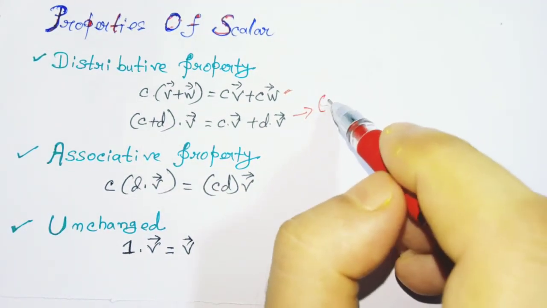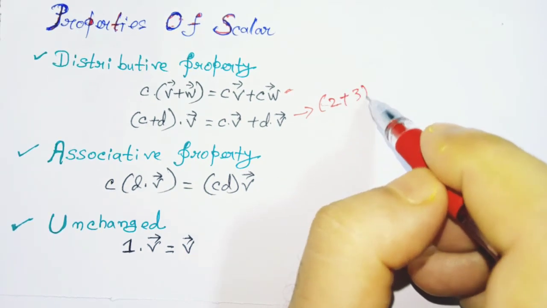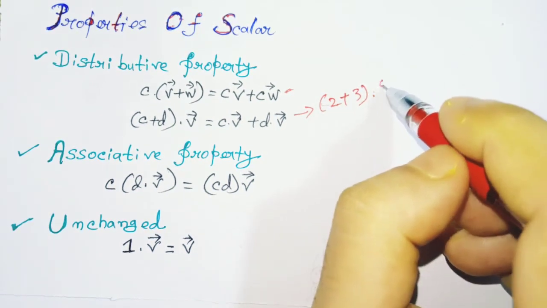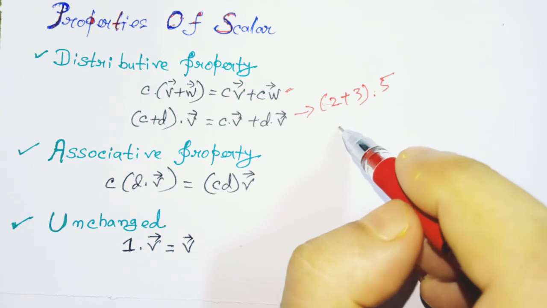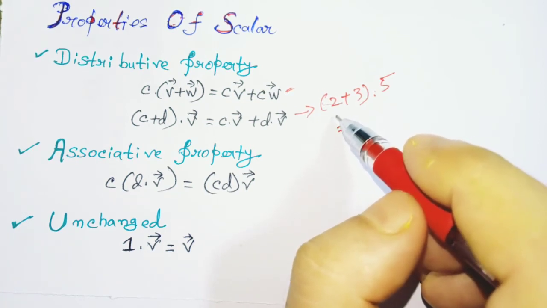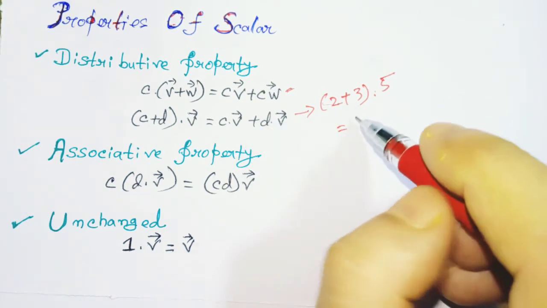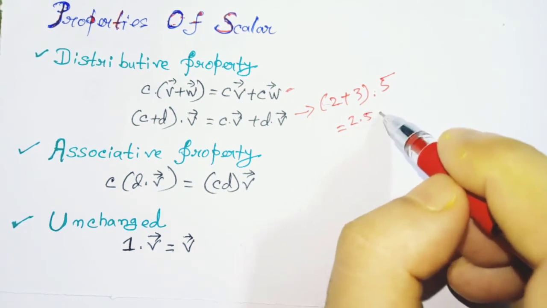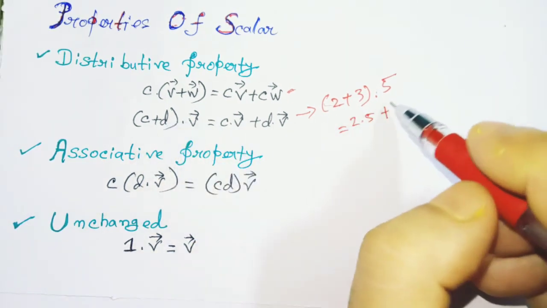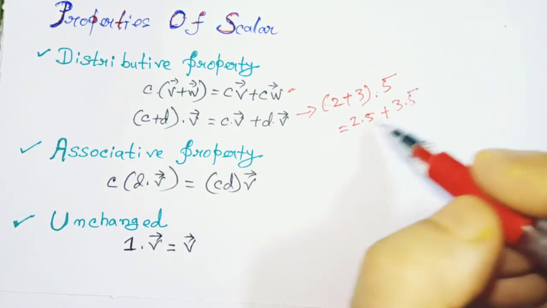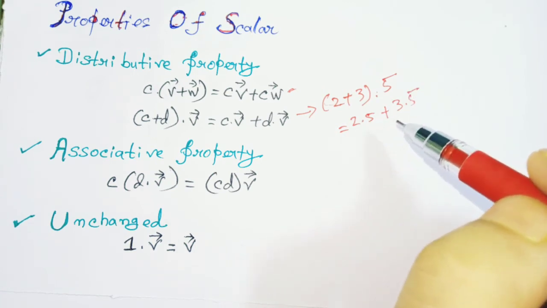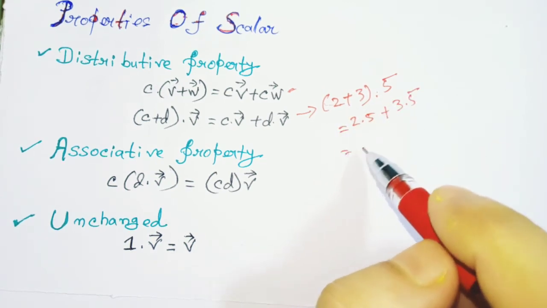Say for example, c is 2 plus 3 multiplied by 5, okay? And I can write this as cv, that means 2 multiplied by 5, plus dv, that is 3 multiplied by 5. So 7 times 5 is 35, and 10 plus 5 equals 15.